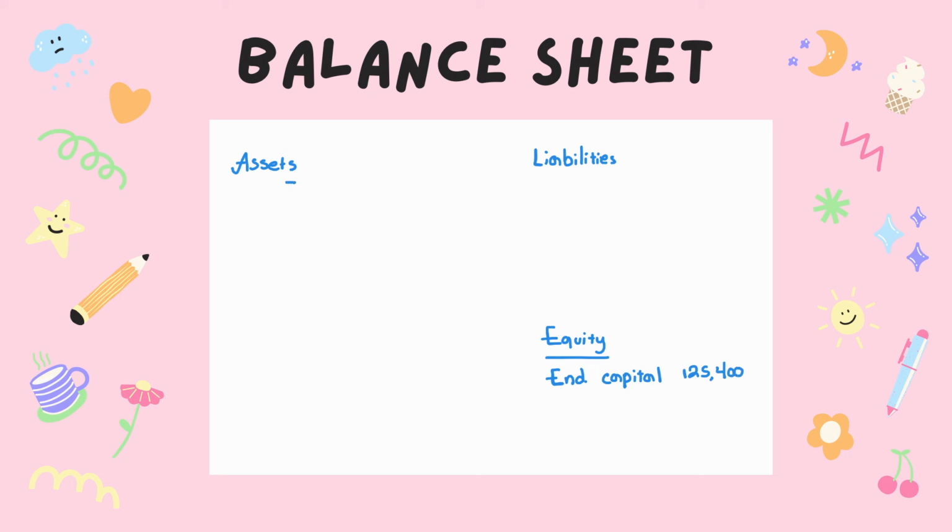Now let's see, what are our assets here? We need to list them according to liquidity, okay? So first we need to write cash. Cash, from the second column it's 2,800. Then accounts receivable, from the second column it's 1,600.